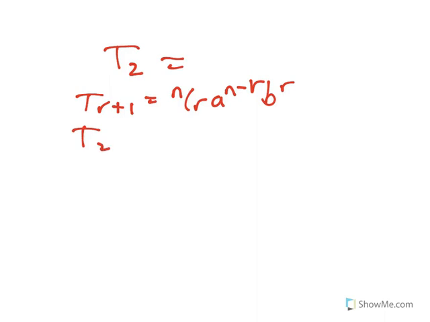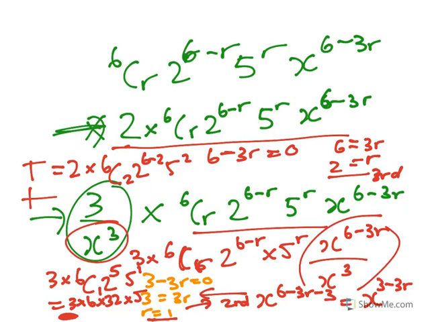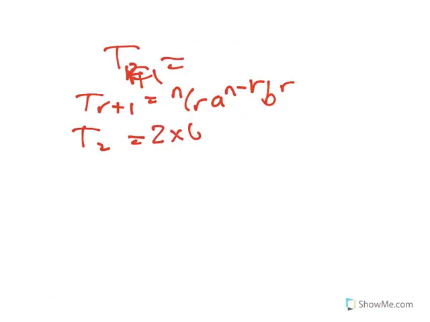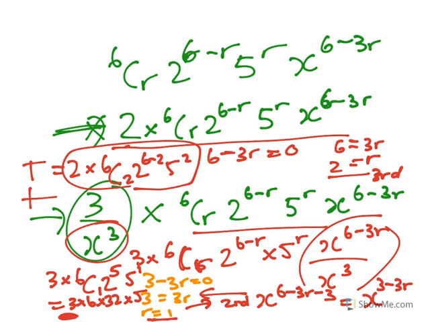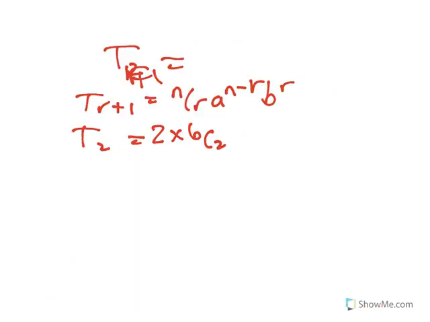So T(r+1), this one will be 2 times 6C2, 2 to the 4 times 25, so 16 times 25, which equals, and I have to get a calculator to work that out.